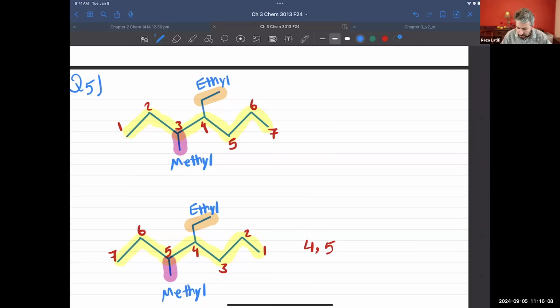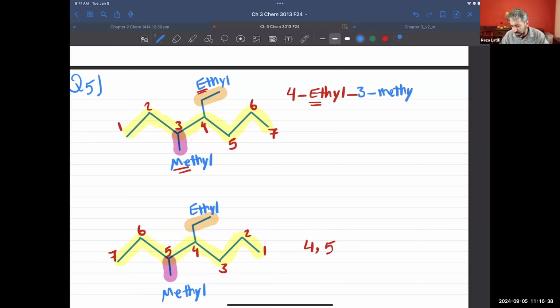The one that comes first in alphabetical order, which is the ethyl. So you say on the fourth carbon, I see an ethyl. Why ethyl first? Because of E. Then you put a dash and say on the third carbon, I see a methyl.